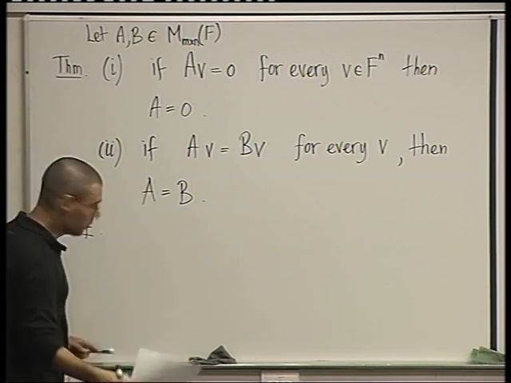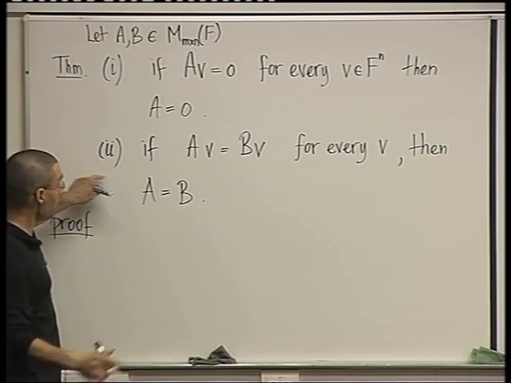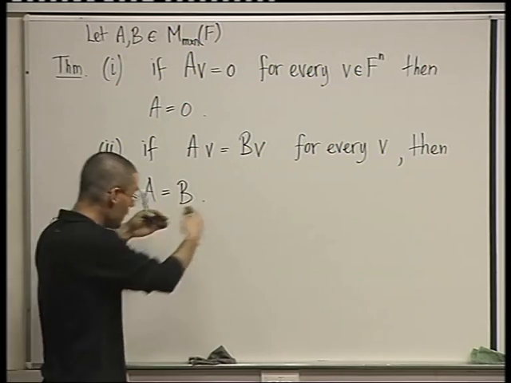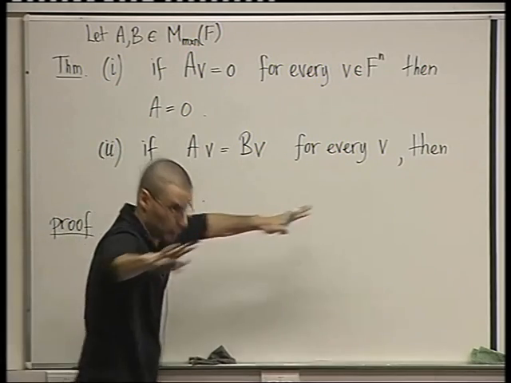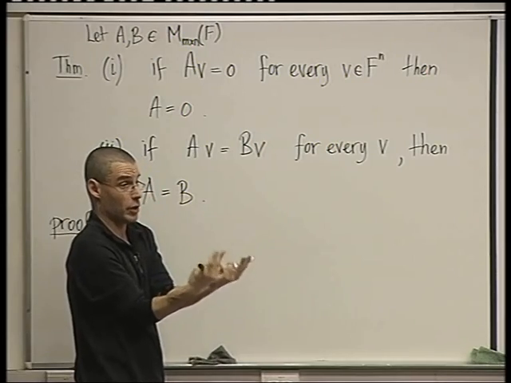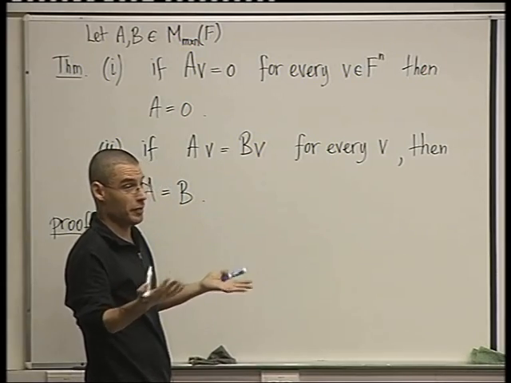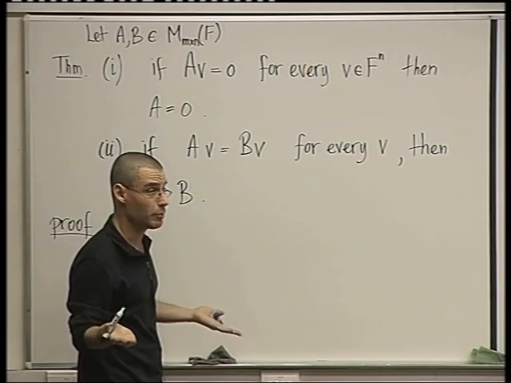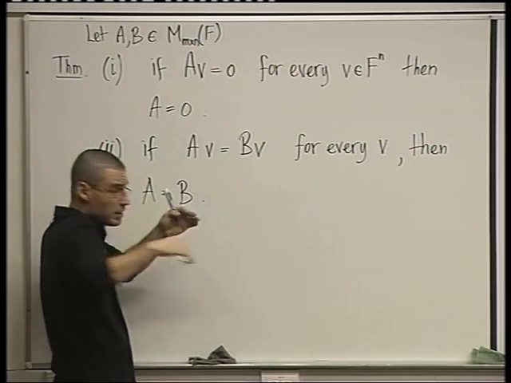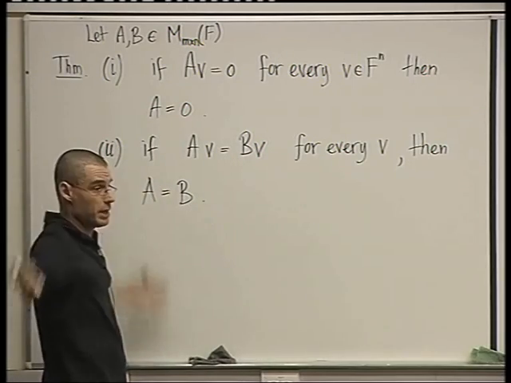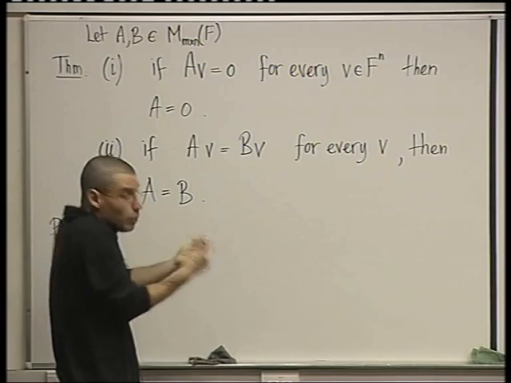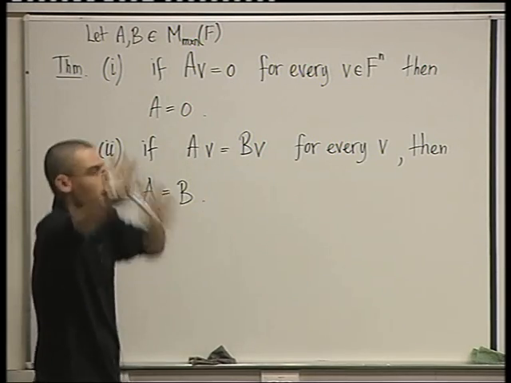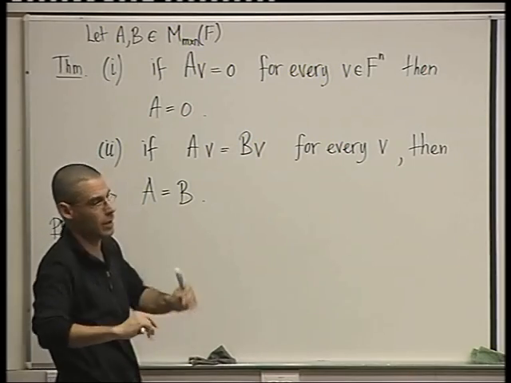And the really useful thing is part 2. If you have two matrices and you want to show that they're the same, and this is in theory, in the abstract world, if you have two matrices that are concrete and you see the entries, you have to check that every corresponding entries are the same. But suppose you have two matrices that showed up in some theorem or in some context that you don't know the concrete entries. You just know that A, for example, solves some equation, and B, for example, comes from some subspace.